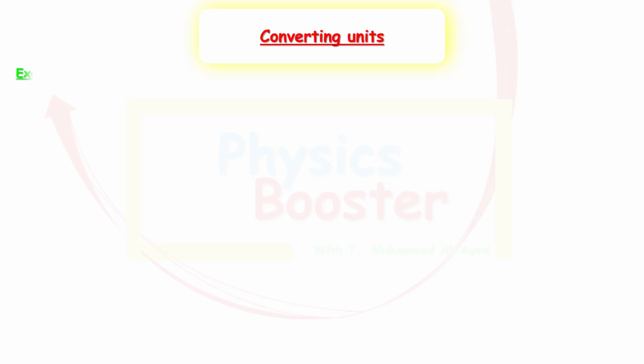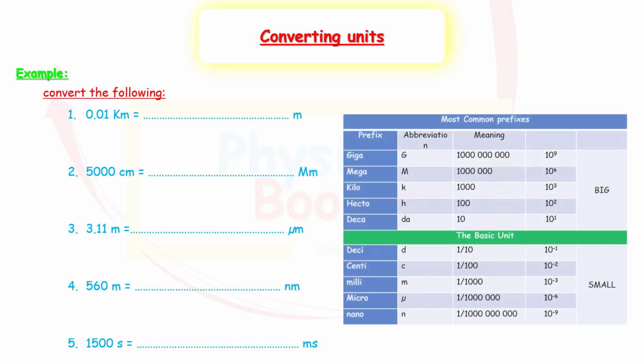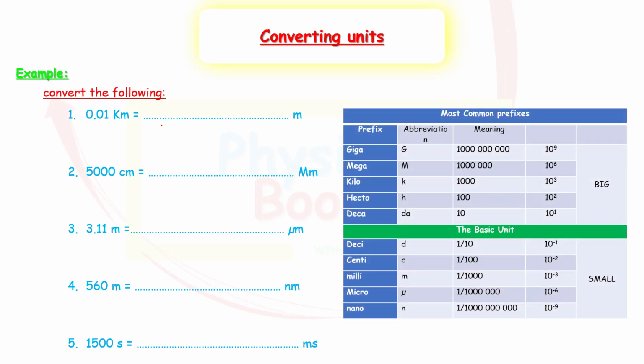So let's start with a very simple problem. Convert the following: 0.01 kilometers into meters. Now I put the table here so it can help us. Now I'm transforming from kilometer to meter. So I'm transforming from kilo, which is bigger than meter. So I'm transforming from big to small. So right here, big to small. Okay, so I won't forget.